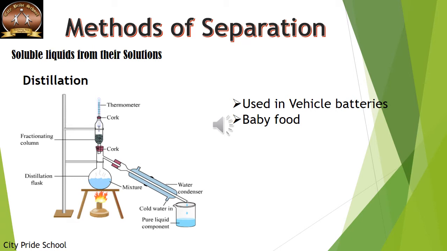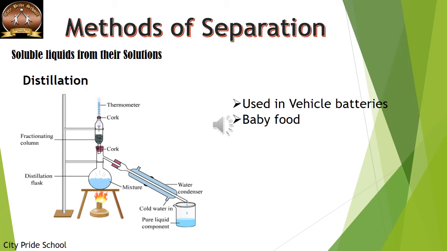Now what happens here, when the mixture is heated, then the water evaporates and the water vapor passes through this tube, and as it passes there is cold water flowing in this condenser, and this cold water condenses the water vapor into liquid water, and after all the water has evaporated, the salt or the sugar, whatever is the solute, will be remaining in the flask.